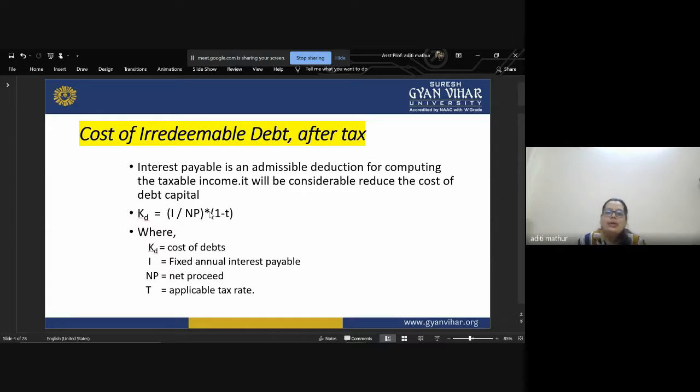To calculate cost of irredeemable debentures after tax, you can either multiply the before tax cost by 1 minus t, or write the formula as interest divided by net proceeds into 1 minus t.